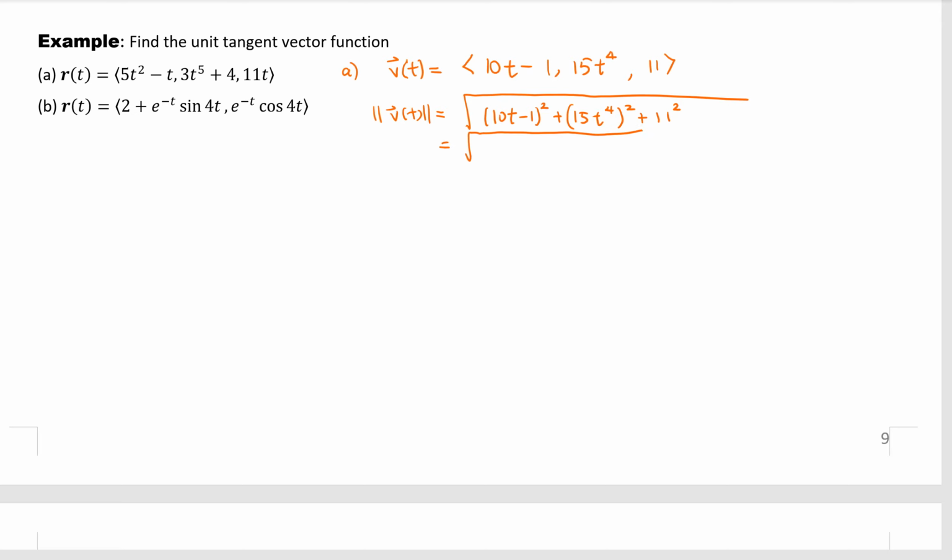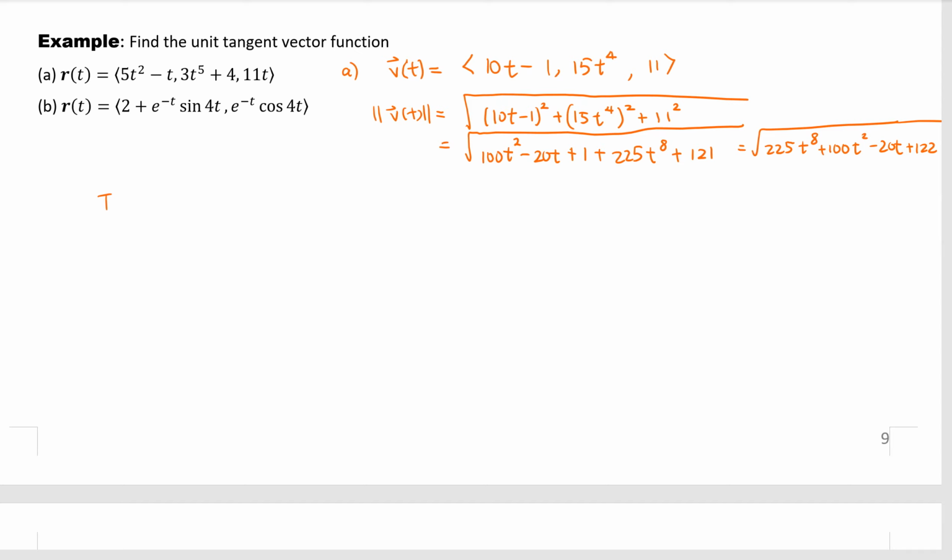Let's simplify it: 100t squared minus 20t plus 1 plus 1 plus 15 squared is 225t to the 8, plus 1 to 1. Okay, so this is the same as, if we order it from the largest power, 225t to the 8 plus 100t squared minus 20t, and then combine the constants, 122. So that is the length.